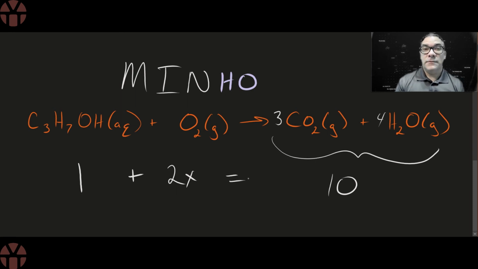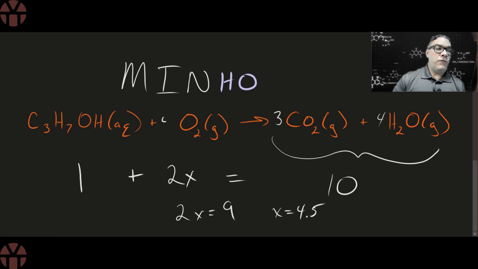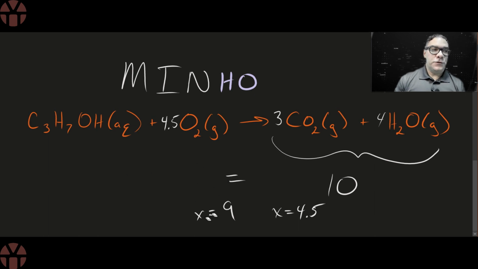That's where we're at. And so when I go ahead and solve this, I'm going to find that 2x equals 9, or x equals 4.5. And you could put a 4.5 right there, or 9 over 2, same thing.